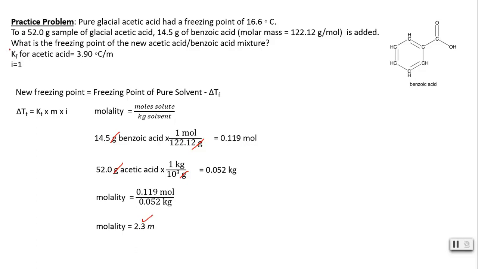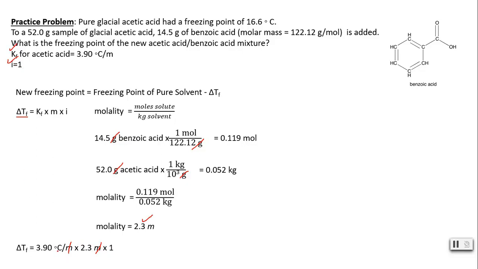I have my Kf. I have my i. I can go ahead and calculate my freezing point depression by multiplying those three numbers together. So my molality units cancel. My i value, there's no unit on it.